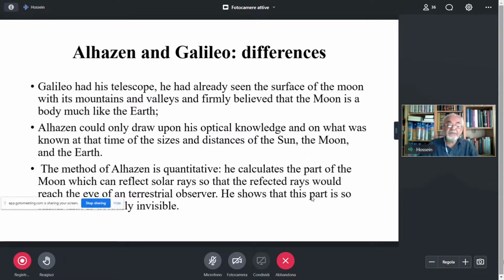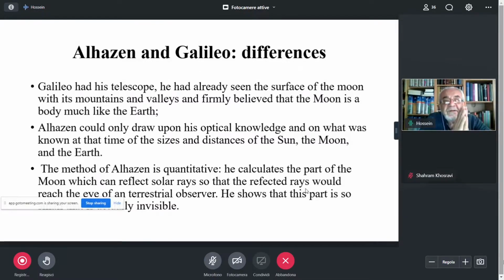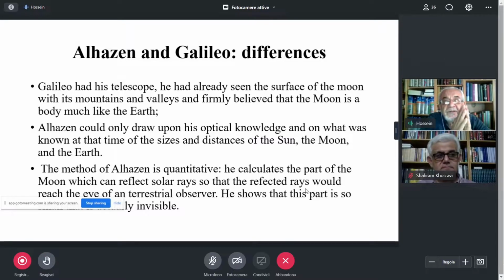The other difference is that the method of al-Haytham is quantitative. He calculates by geometrical arguments and by using the sizes and distances that the part of the moon which could reflect the solar rays is very small compared to the surface of the moon which we see in the sky.